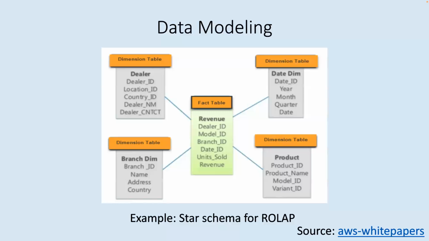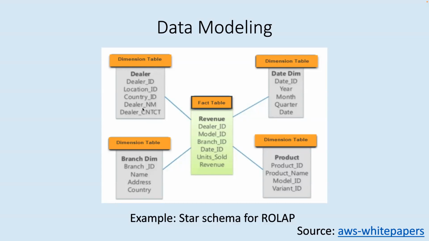The great thing about this is that it looks more like an OLTP type of design, but if you look at this dimension table, it's still denormalized in a way, right? Because of dealer NM and dealer CN TCT.